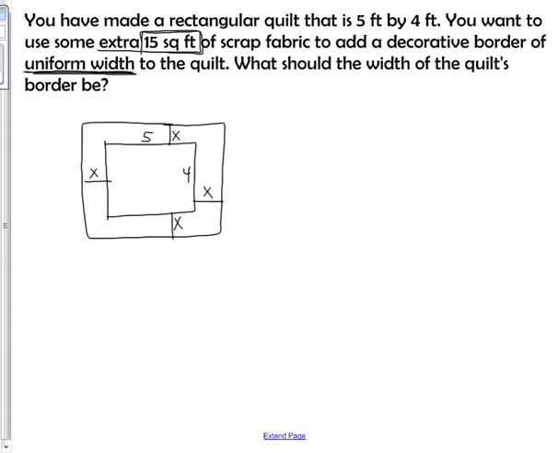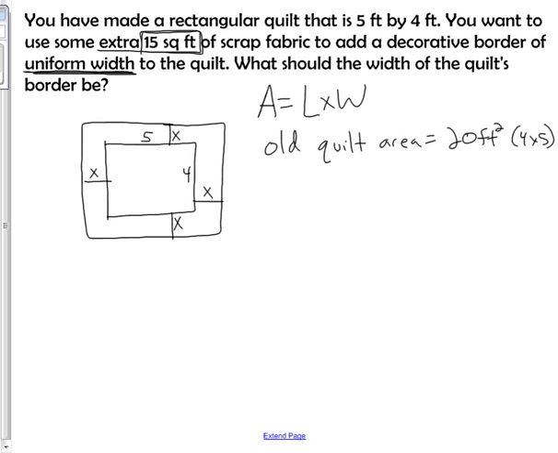So, looks like we're going to be comparing lengths and widths to area. Okay, so just a thing to remember that area is length times width. So let's see what I know. I know my old area, so the old quilt area, was 20 feet squared. All right, that's because it's 4 times 5.